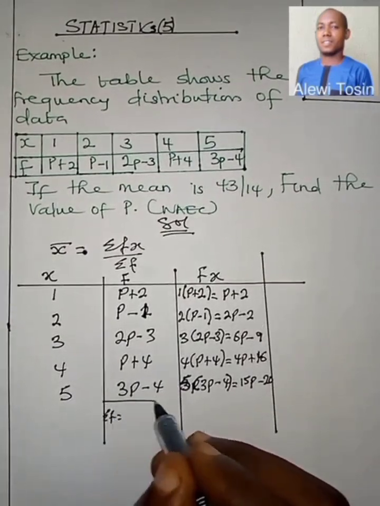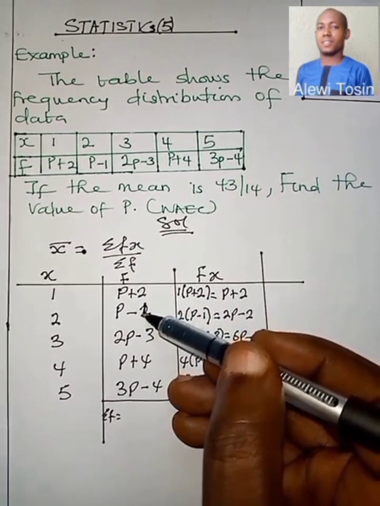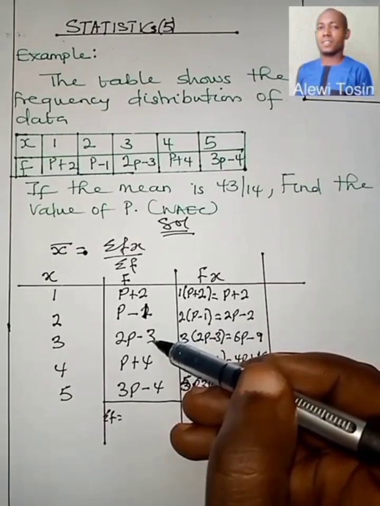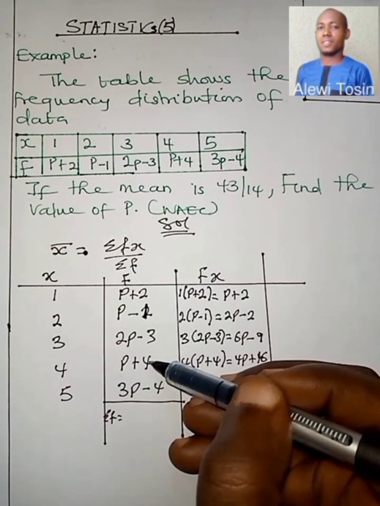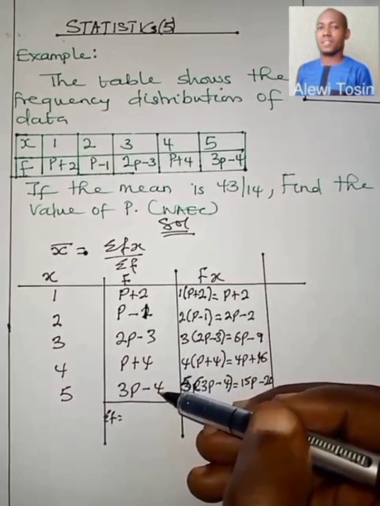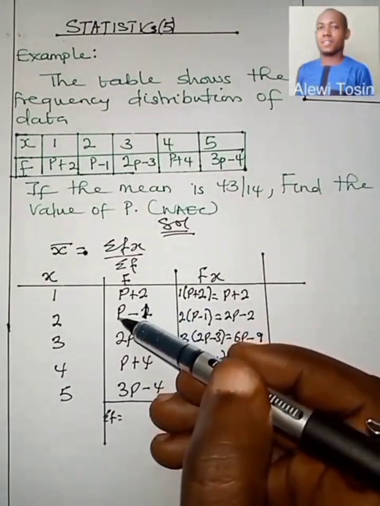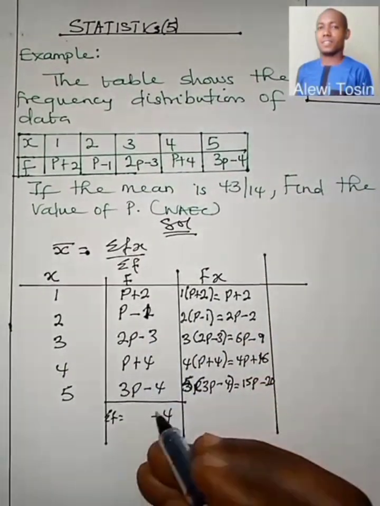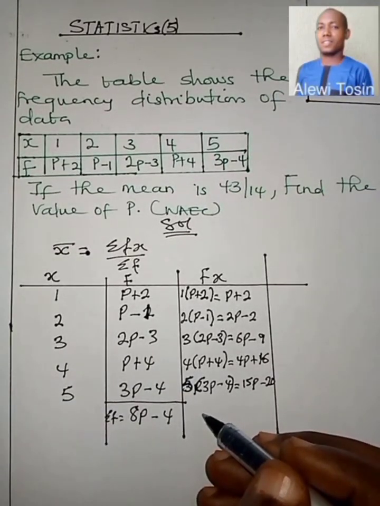Summation f: plus 2 minus 1 is plus 1, minus 1 minus 3 is minus 4, minus 4 plus 4 should be 0, then plus minus 4 becomes minus 4. And for the p terms, p plus p is 2p, plus 2p is 4p, plus p is 5p, plus 3p is 8p.